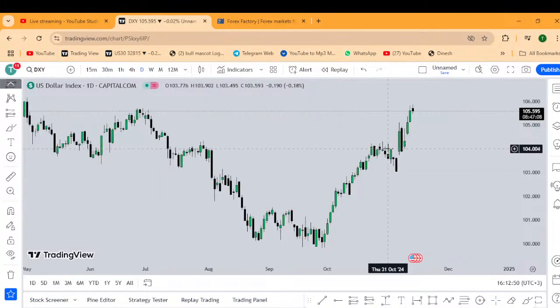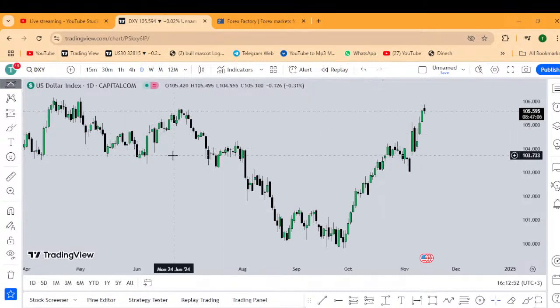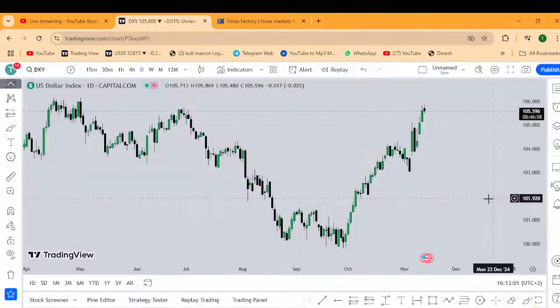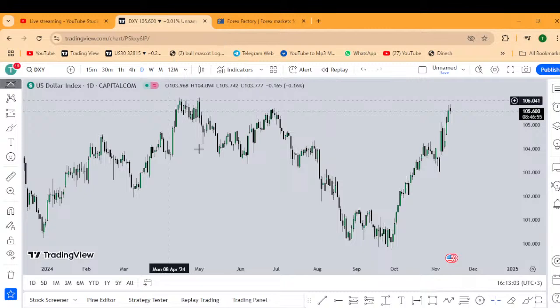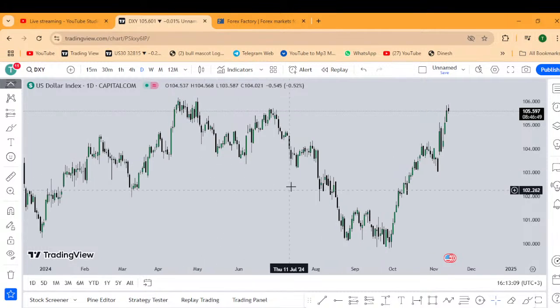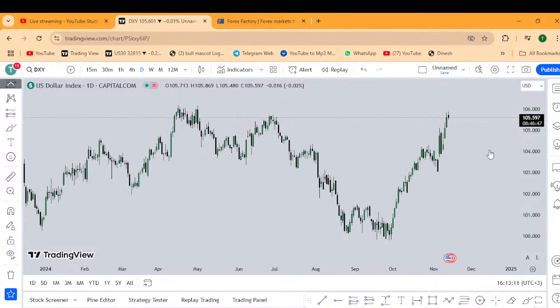Okay, so it has been positive for some good time. Anyway, so this is our DXY, and you see how positive it has been. Okay, so that's on a daily time frame. So on a daily time frame, this is our simple setup we are having on a DXY.